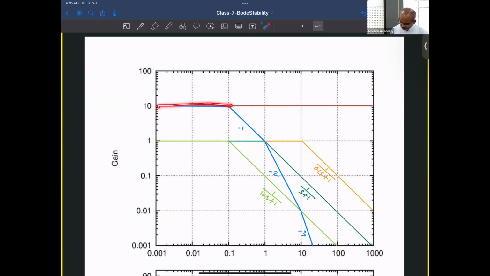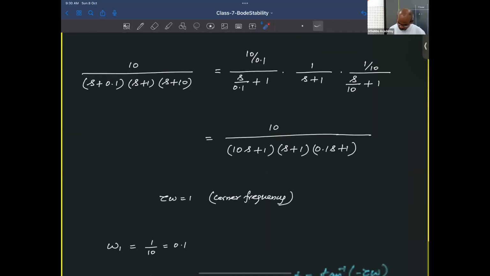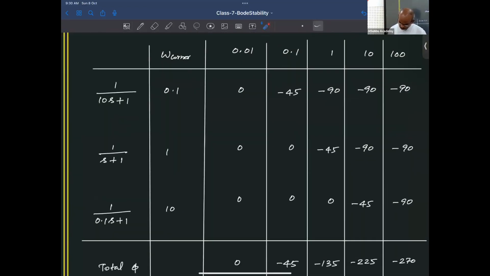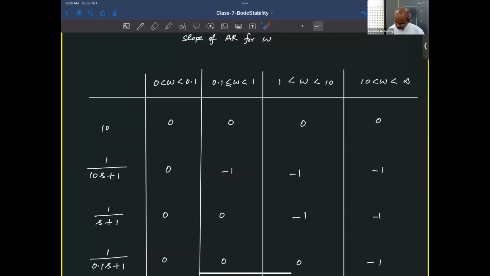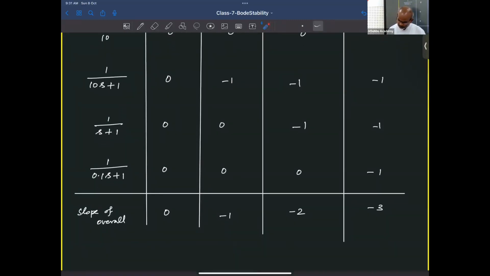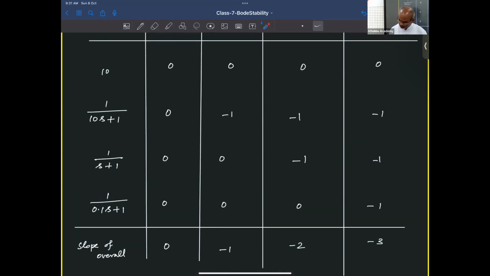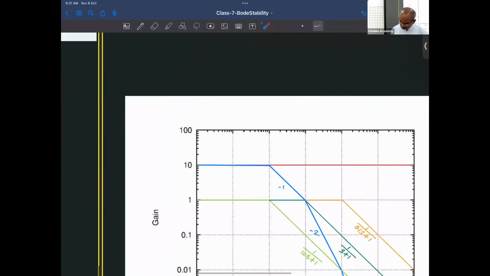So till that point the slope is 0, and from 0.1 to 1 we have a slope of -1. Of course, that line keeps the same slope for the rest.